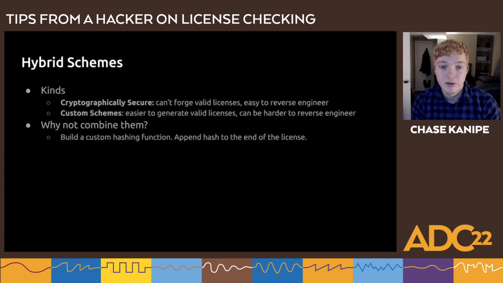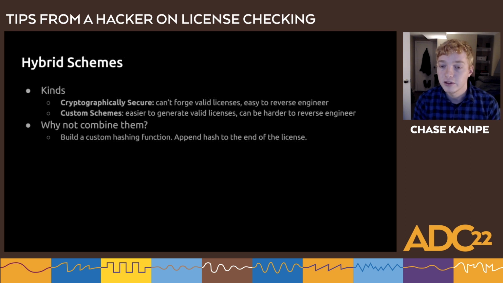The alternative is custom schemes, or schemes that combine in a user-defined way a variety of open source algorithms for encryption and decryption. And with these schemes, if the cracker wants to spend the time reverse engineering the convoluted use of some combination of encryption and decryption algorithms or hashing functions, it may be that they can forge valid licenses.